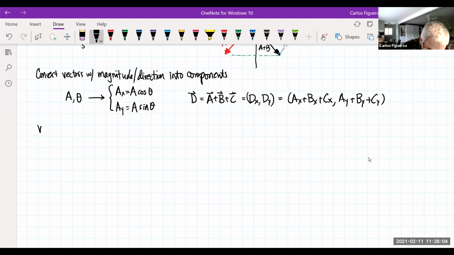So the vector A, when you look at this, what does it look like? We know that the vector A has a magnitude of 4 kilometers, and we know that this angle is 45 degrees.